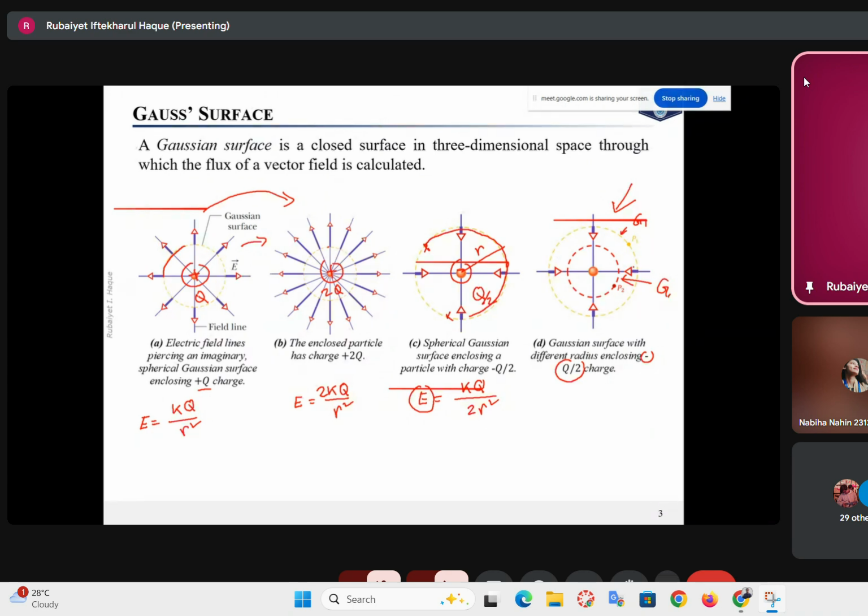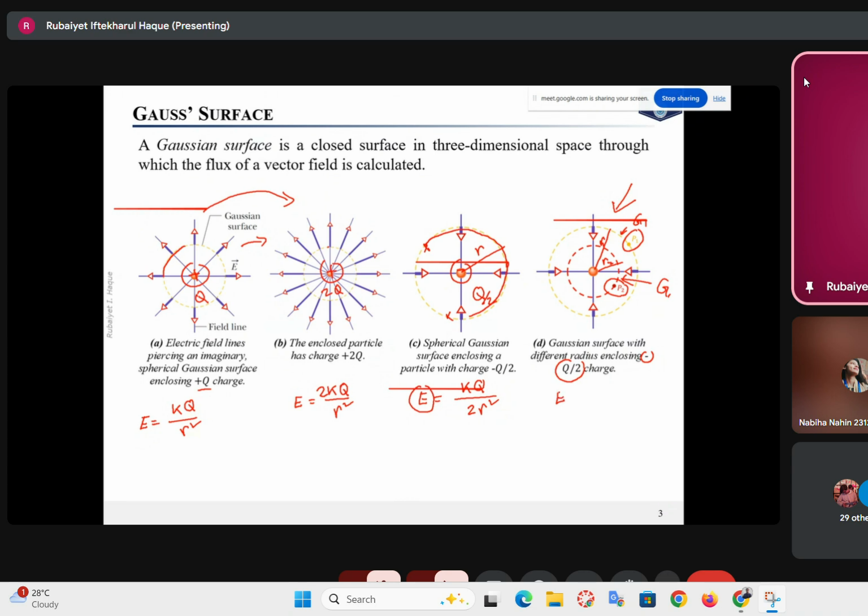So in this particular case, what is the electric field on the Gauss surface? It will depend on which Gauss surface is closer; the closer one will have a stronger electric field. For example, if you want to figure out the electric field at the point P1 or at the point P2, what is the result? For the first one, the radius is R1. For the second one, the radius is R2.